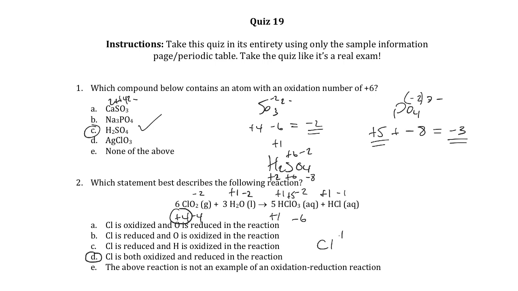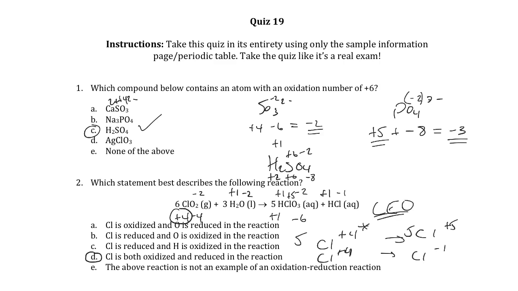We've got a chlorine +4 going to a chlorine +5, and a chlorine +4 going to a chlorine -1, and the actual count here is 5 going this way, 1 going to the -1. So 5 chlorine atoms are losing an electron. This chlorine atom here is the one undergoing the oxidation.